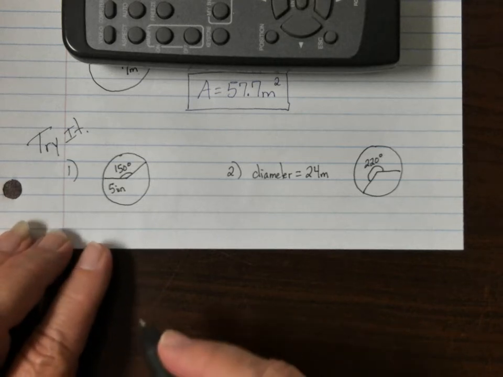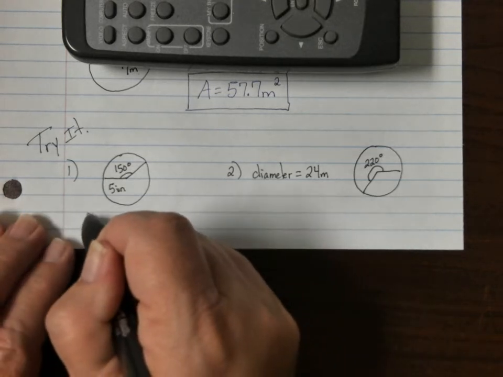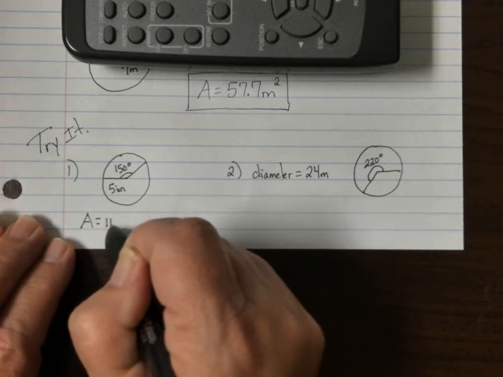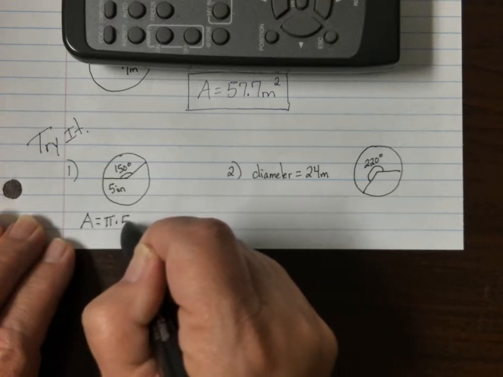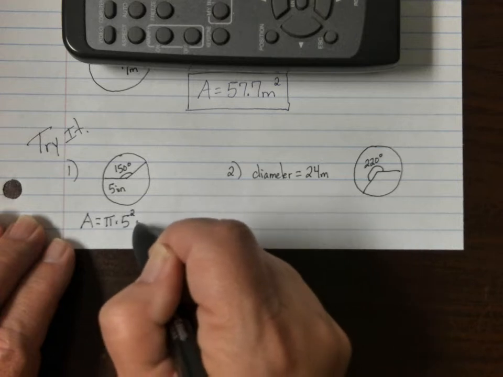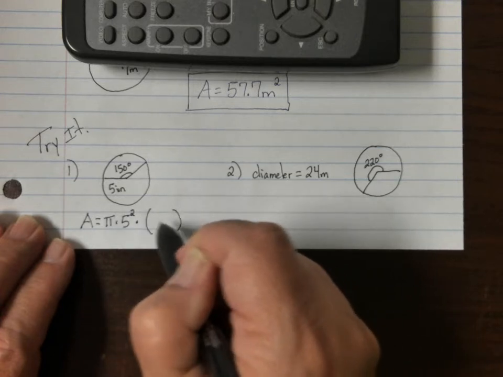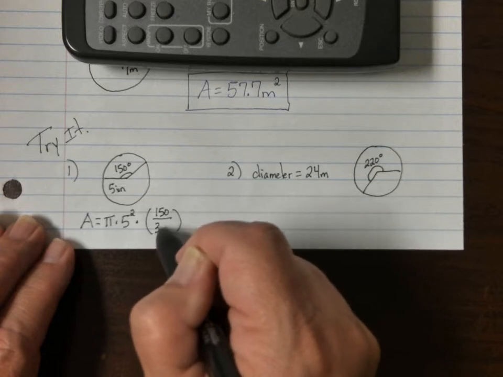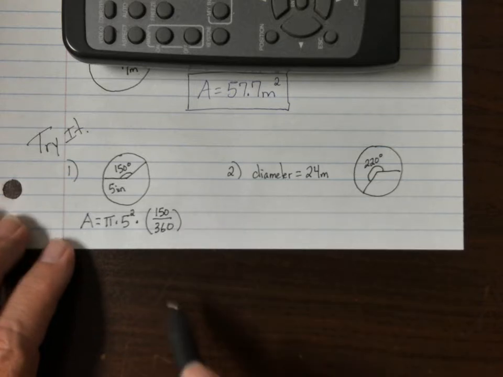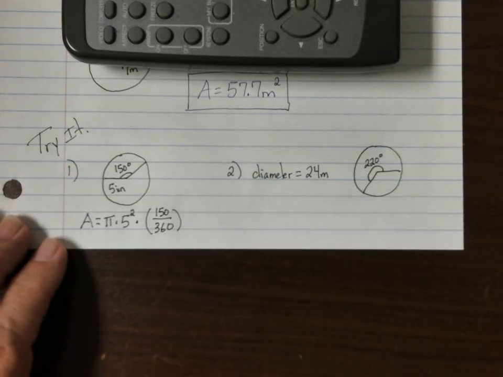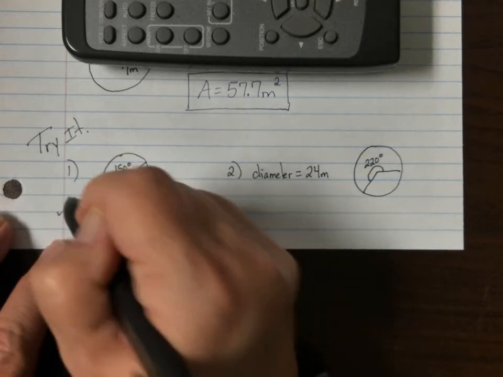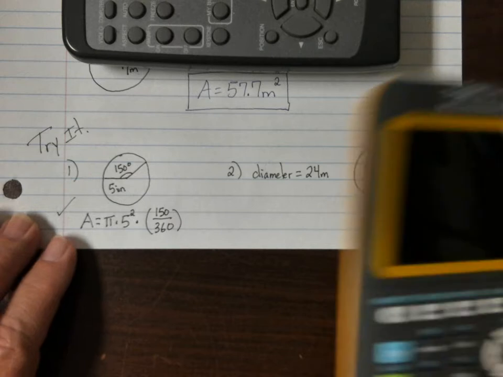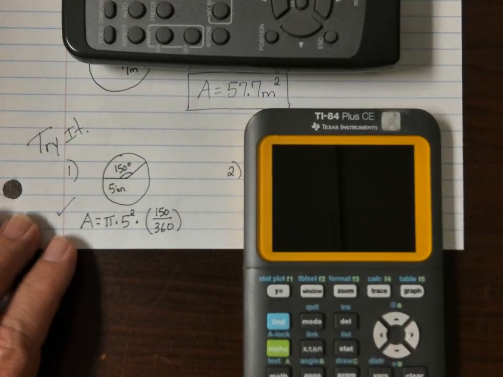Alright, so let's check in. Did you write down area equals pi times 5 squared times, and our fraction would be 150 over 360? So first check. If you wrote that down, give yourself 1 check. That's the right formula. Now, let's see about evaluating that formula on the calculator.